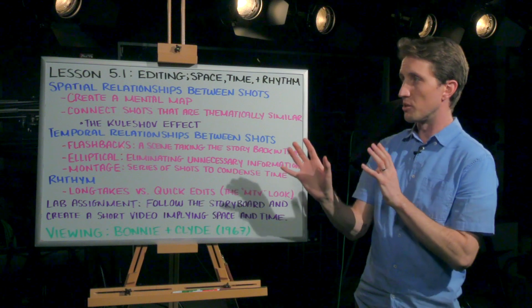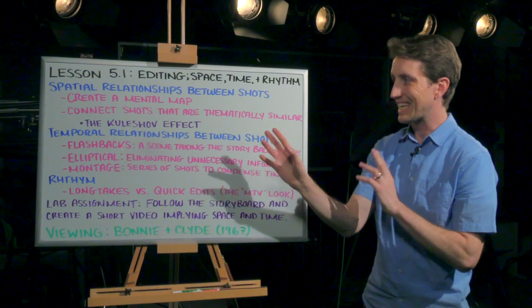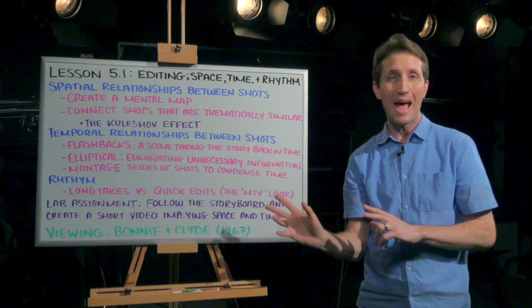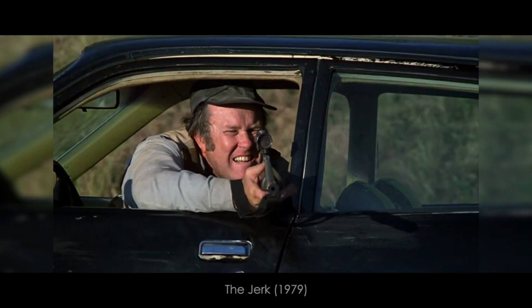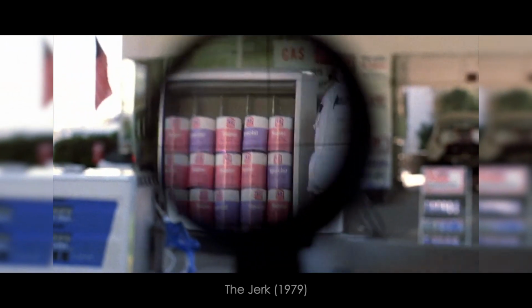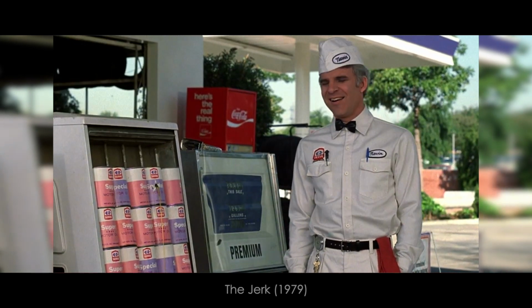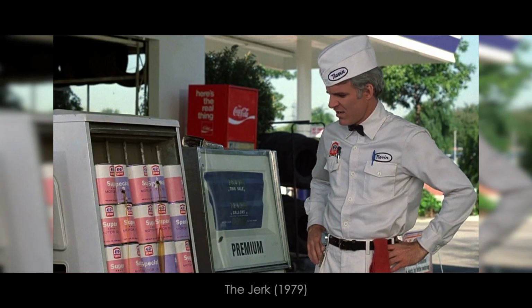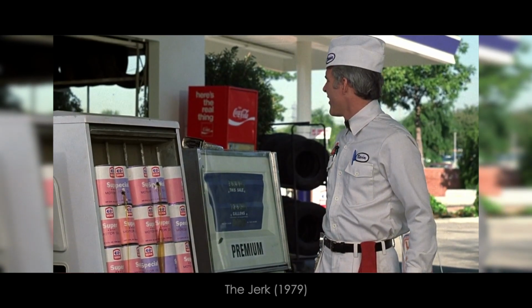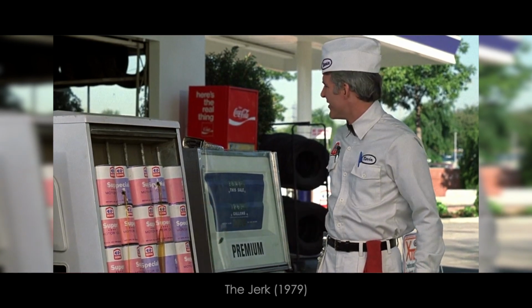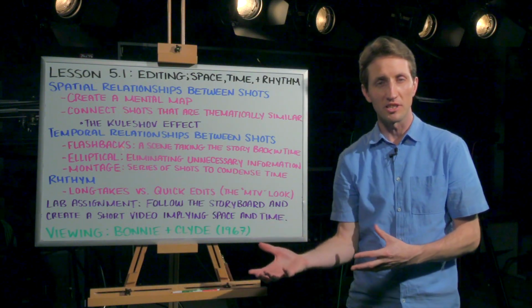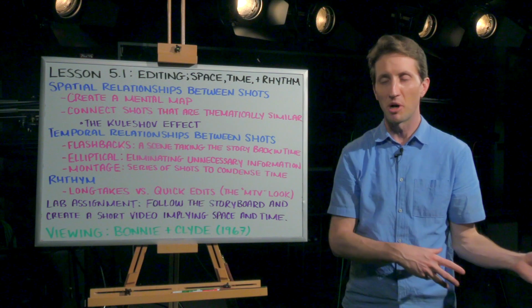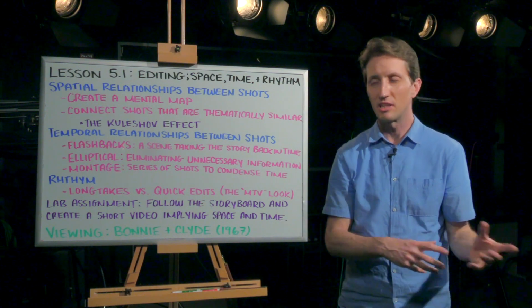You can also use editing to connect shots that are thematically similar. In this scene from The Jerk, we have a character with a gun who's firing it at Steve Martin's character at this gas station, all right? Now we cut to the shot of Steve Martin next to these oil cans, and the cans are being shot. And then we go back to the guy across the street with the gun, back to Steve Martin, back to the guy, back to Steve Martin.